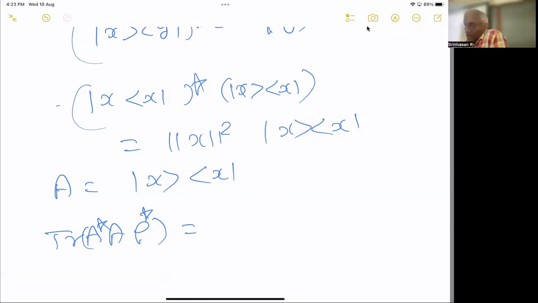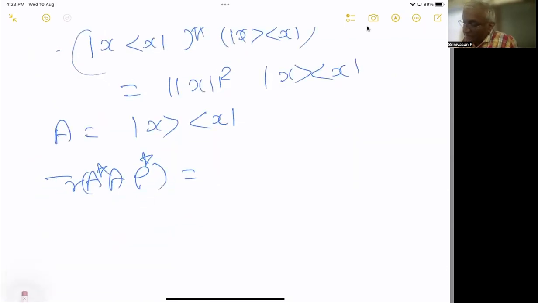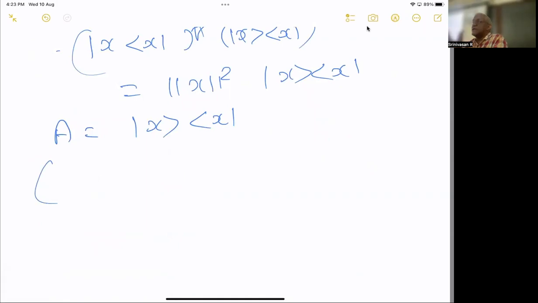If you are comfortable with linear algebra, I will explain. The trace of anything does not depend on the choice of basis. If you have one orthonormal basis, to get another orthonormal basis you apply a unitary. A matrix is a linear operator written with respect to an orthonormal basis. If you want to write the same operator with respect to another orthonormal basis, you take a unitary operator which takes one orthonormal basis to the other.